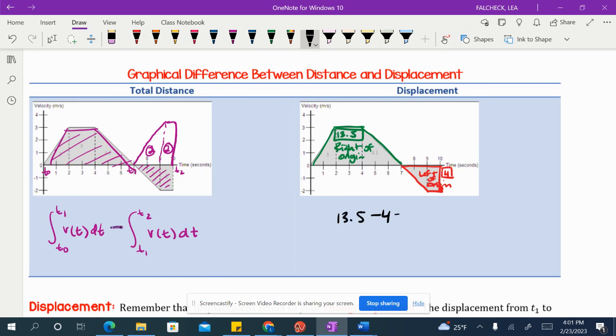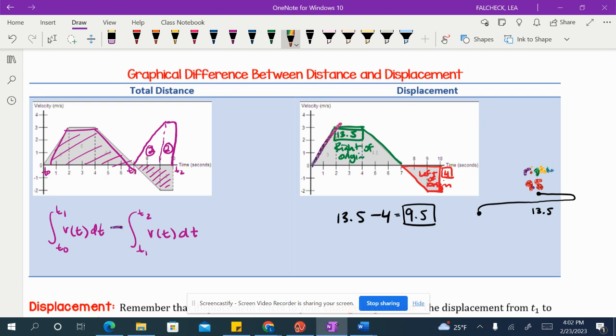And that would give us a total displacement of 9.5 units. So that means that this object started at the origin and moved to the right of the origin for 13.5 units. Then it turned around, changed direction, and came back 4 units and ended up somewhere here, which ended up having to be 9.5 units to the right.